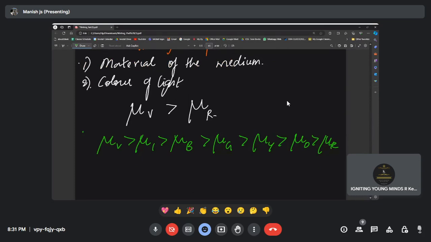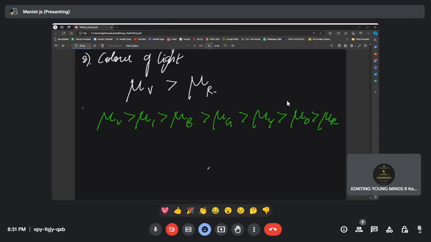Fine. Now you also have a relationship. Third one is also wavelength. So depending on the wavelength also you can express. So let us look at that. Now I'm giving you a relation between refractive index and wavelength lambda. Okay, so you need to understand that refractive index is inversely proportional to the square of wavelength.